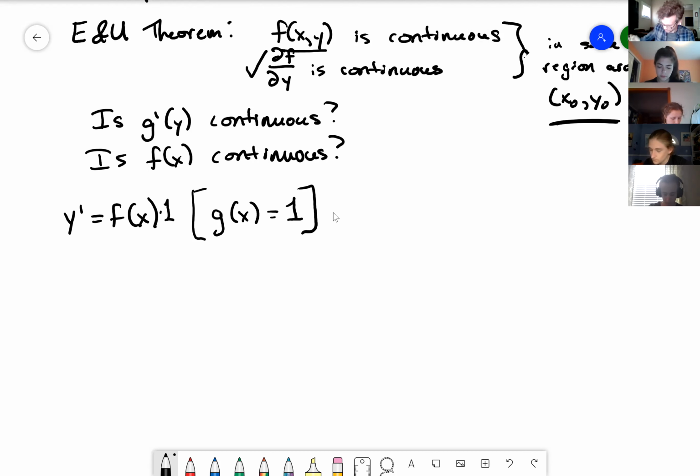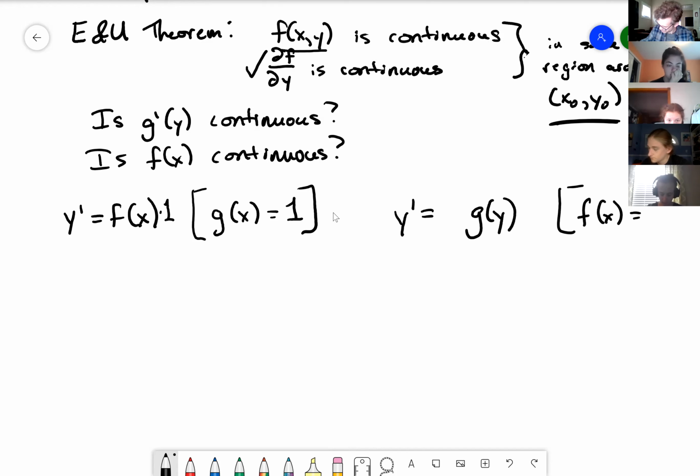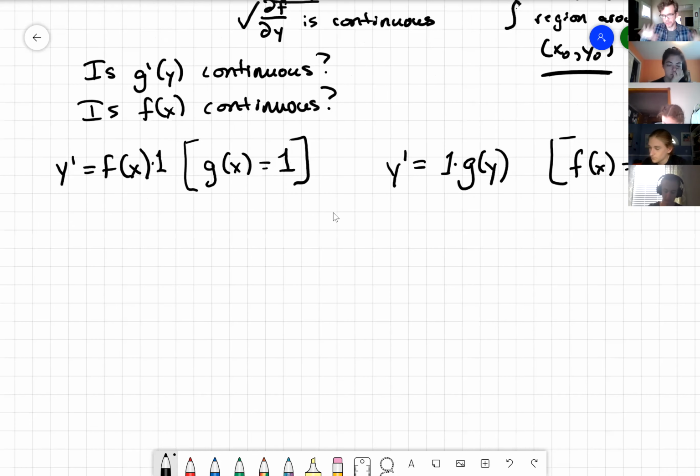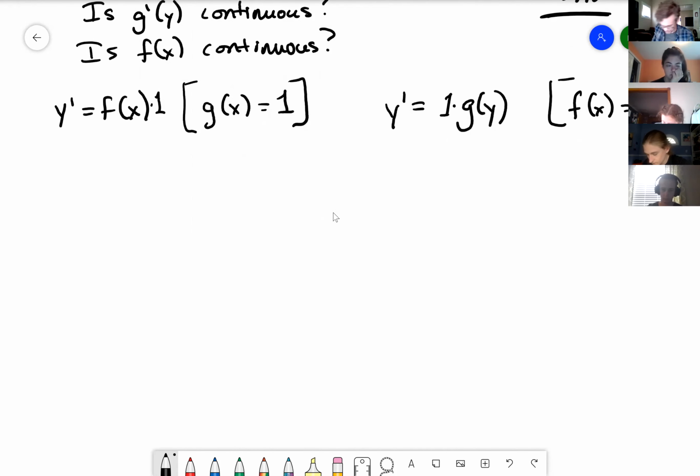Similarly, y prime equals g of y. In this case, f of x is just equal to 1. So we can write that as a separable ODE as well. So it includes all of those cases we've already talked about. It includes some other stuff as well. A lot of other stuff.